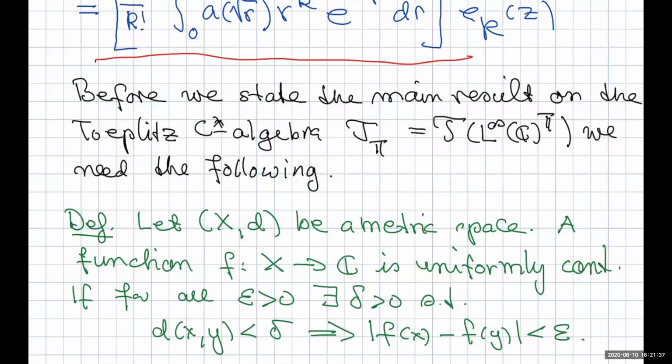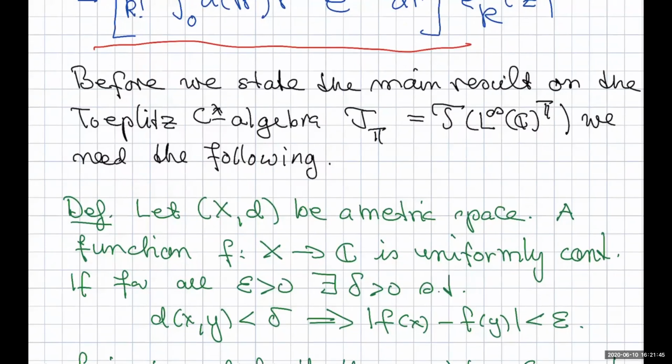Okay, so maybe just before I finish, let me state what this result is, okay? So I mentioned actually the commutative C-star algebra with 1, and this is definitely one of them because the constant function 1 is rotational invariant.